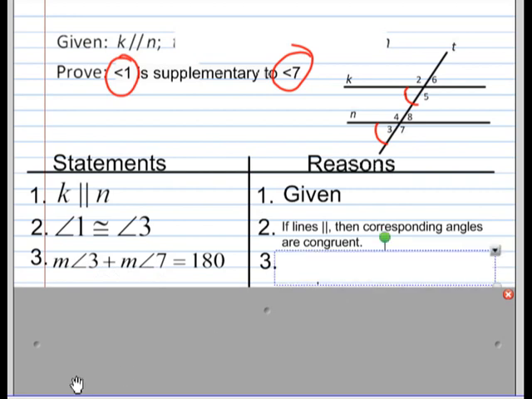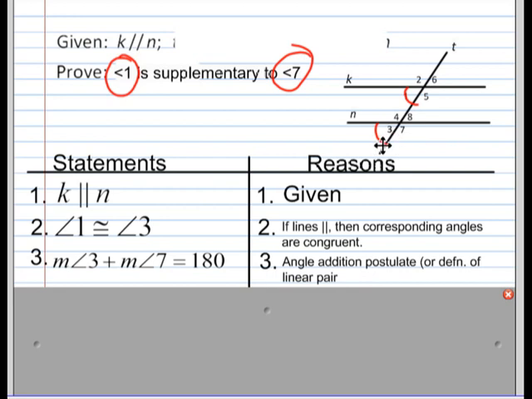And again, that's using what we said we're allowed to assume from the figure, which is that anytime a pair of adjacent angles makes a straight line, that straight line measures 180 degrees. So we can state the angle addition postulate, or you can use definition of a linear pair. Either reason is fine.